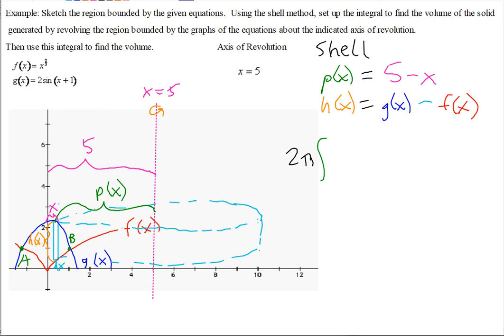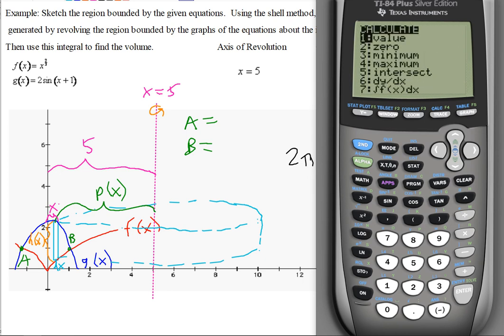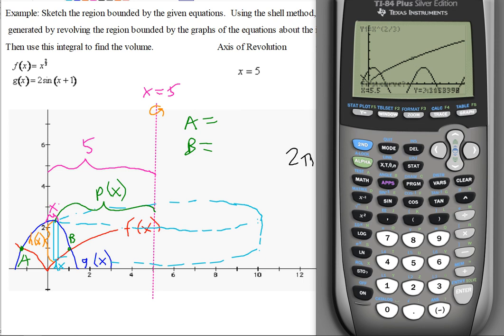So let's use our calculator to figure out what those are, and we'll write them down on paper and store them. So for A, second calc intersect, first curve enter, second curve enter. I'm going to guess this one's at -1. It's negative 0.626.